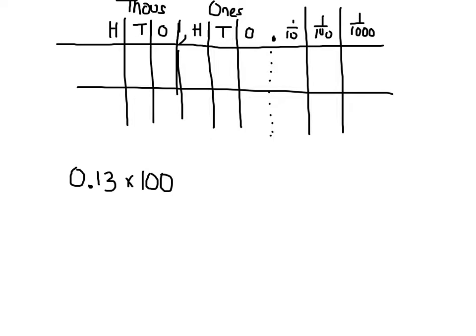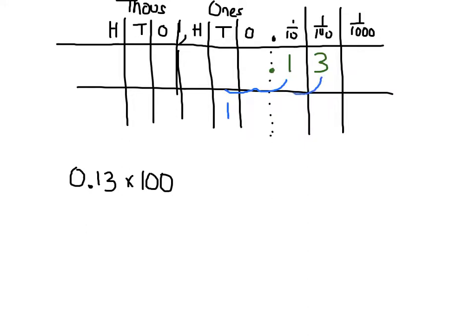But if I have 13 hundredths times 100, I'm going to start by writing my number up in my place value chart. There's my 13, there's my decimal point. I want to start to visualize this, but this is what's happening. My 1 is getting 100 times larger, or 2 places to the left.